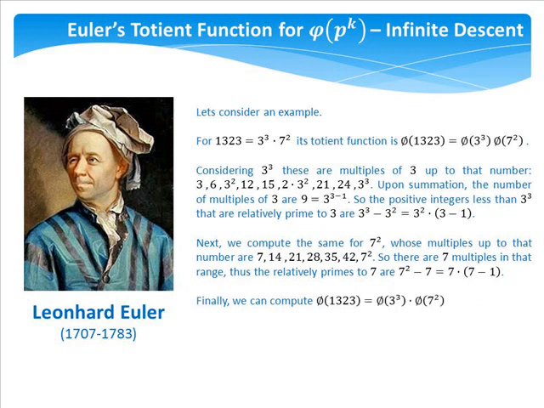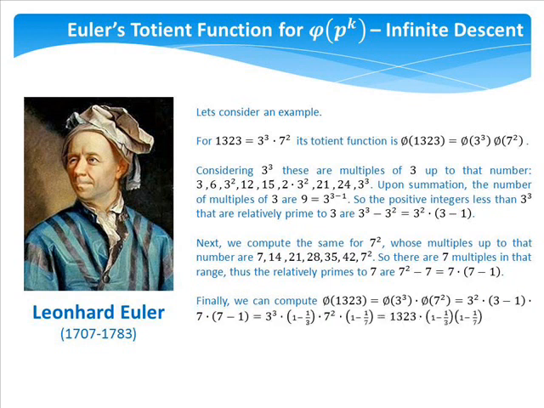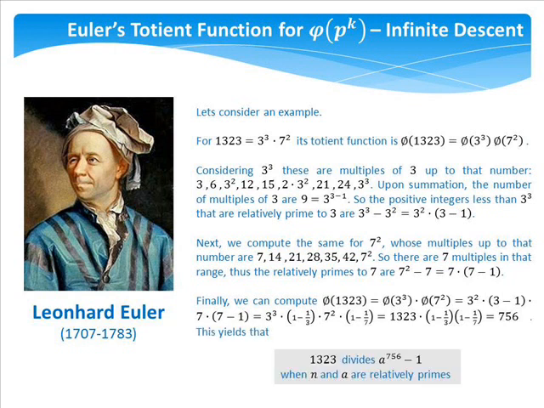Finally, we can compute the totient of 1323, which is equal to 1323 times 1 minus 1/3 times 1 minus 1/7, which is equal to 756. This yields that 1323 divides a raised to 756, minus 1, when n and a are relatively prime.